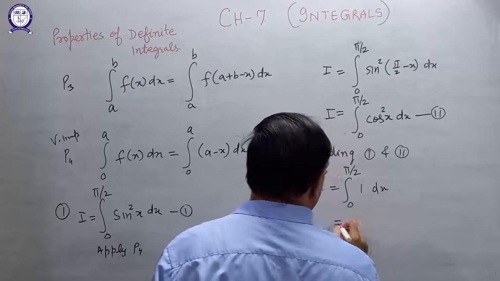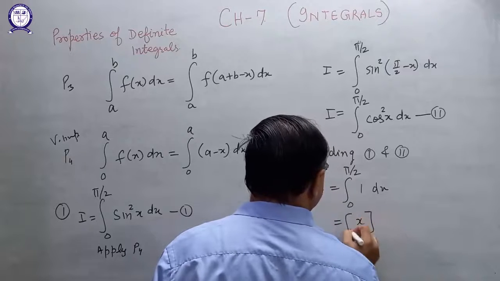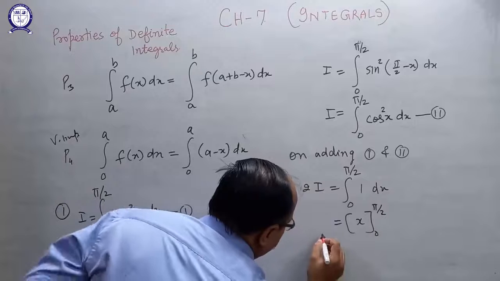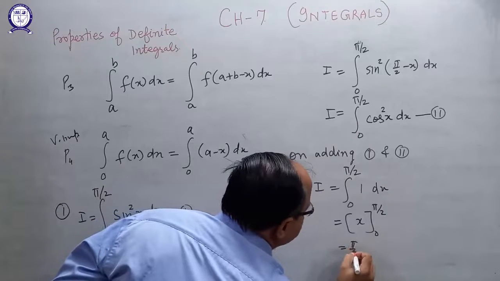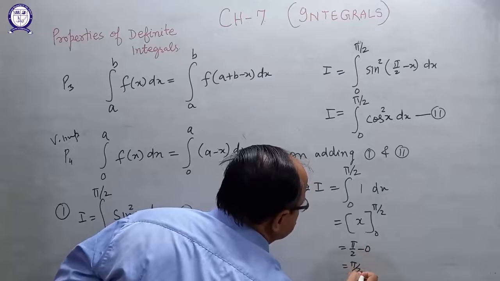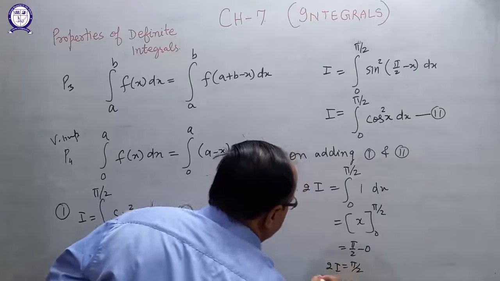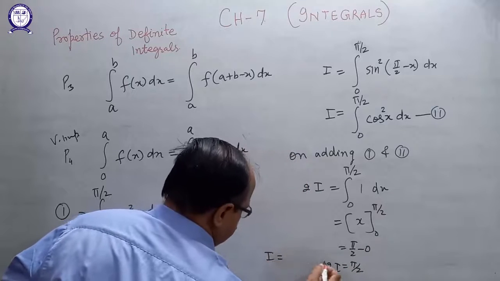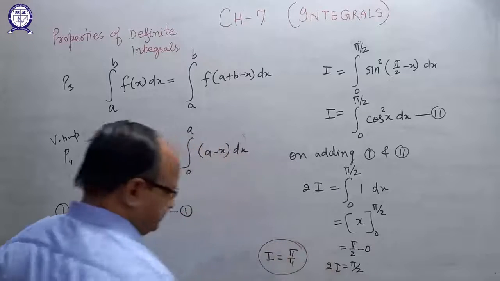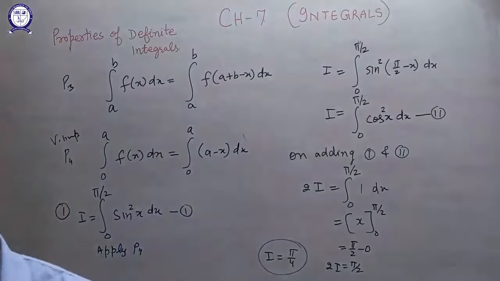And integration of 1 is x. Therefore, pi by 2 minus 0, it means pi by 2. Therefore 2I is pi by 2, so I is equal to pi by 4. This is the answer of this question.